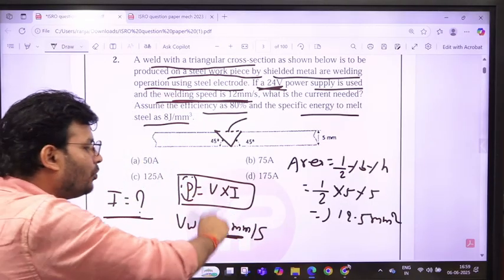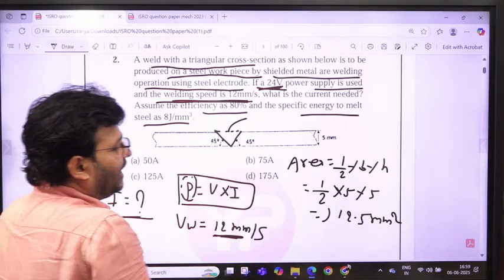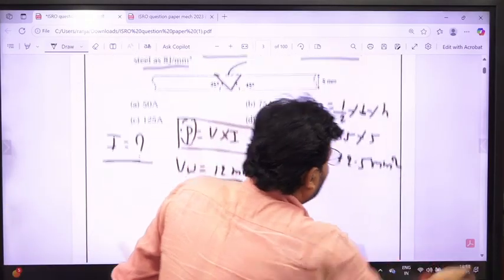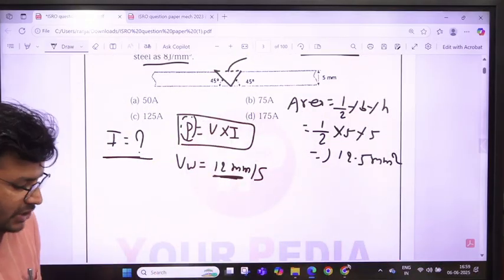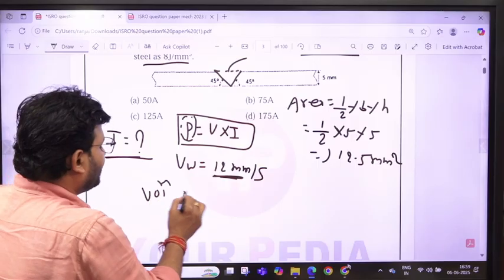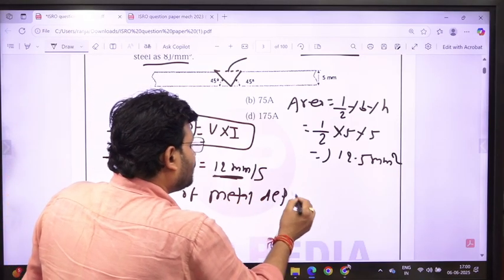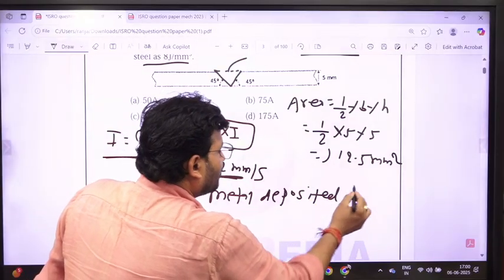And the area is 12.5 mm square, right? Now if I ask what will be the volume of metal deposited per second, tell me, my dear friends?